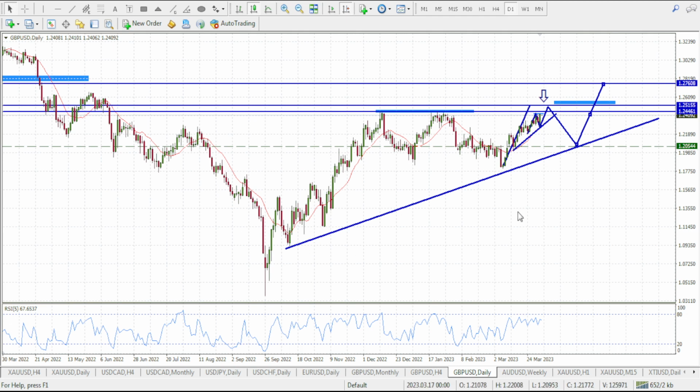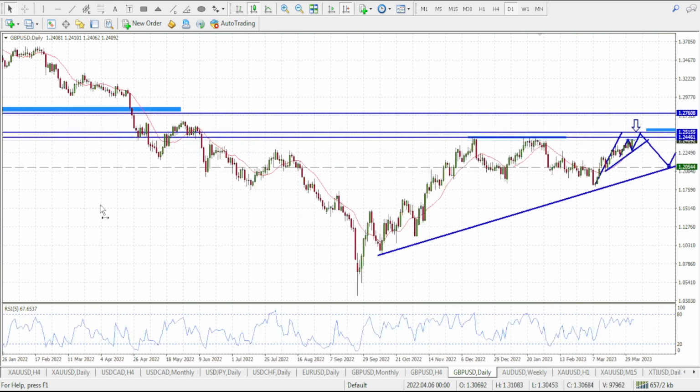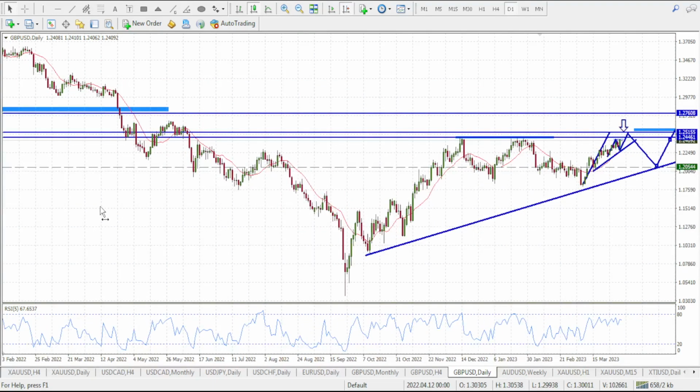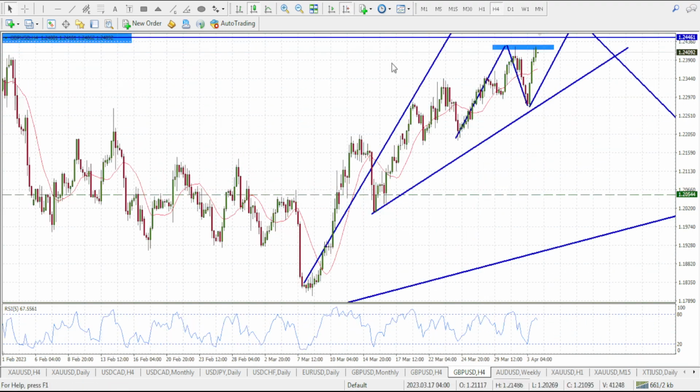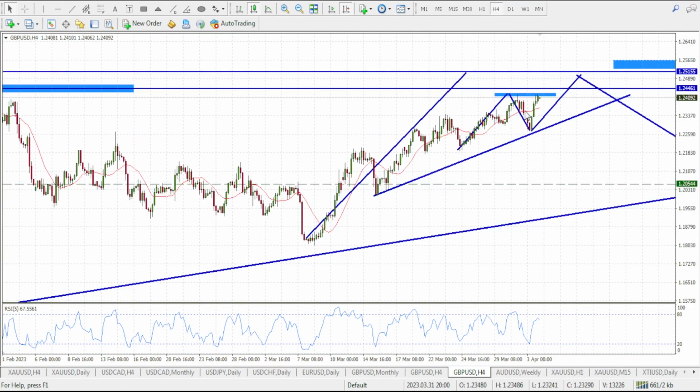So a sell from 1.25155 with a very tight stop loss, I should say, for the short-term traders. Obviously on H4, it is not advised to sell at this particular price point. And it is also not advised to take a buy trade right here, okay?